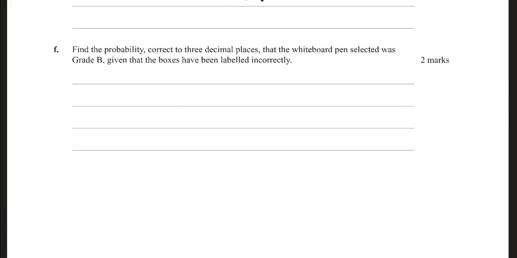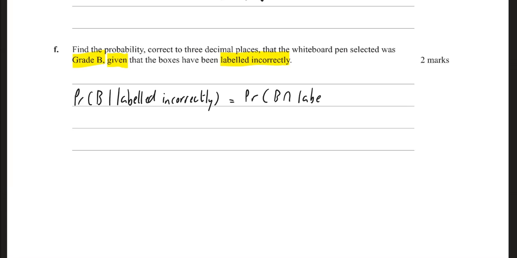Part F, now we want to find the probability that the whiteboard pen selected was from grade B, and it's a conditional probability now as well, given that the boxes have been labeled incorrectly. That would just be PR of B given labeled incorrectly. And that's the intersection of B and labeled incorrectly, divided by PR of labeled incorrectly.